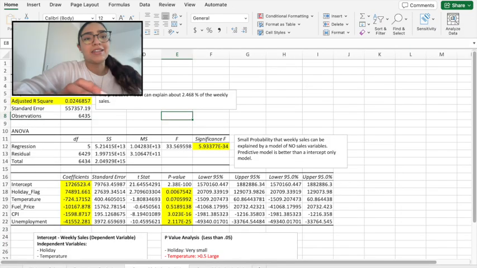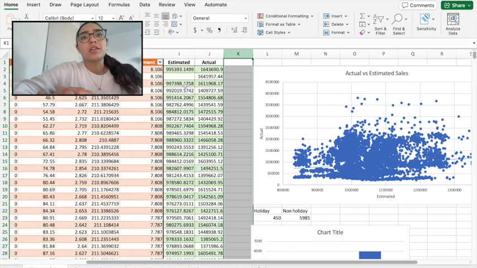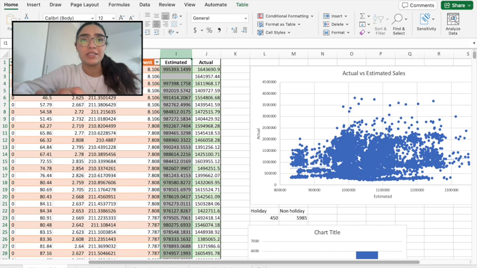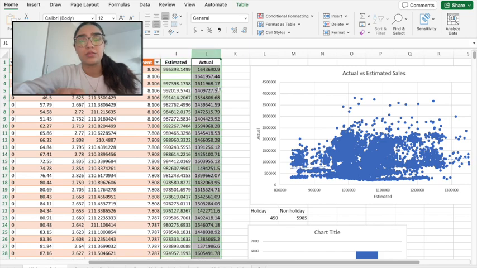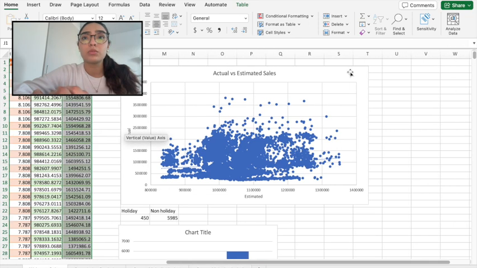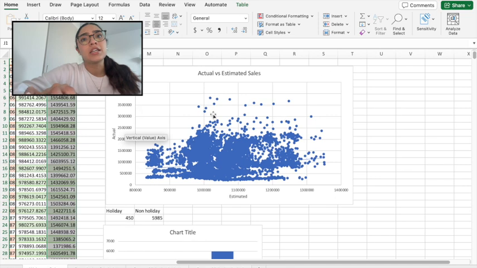And in the end, we decided to compare our model with the estimated sales we will get with the coefficient and the values of the data set versus the actual weekly sales. And this was the result. We did this scatter plot, and we could perceive that there is a very significant dispersion.